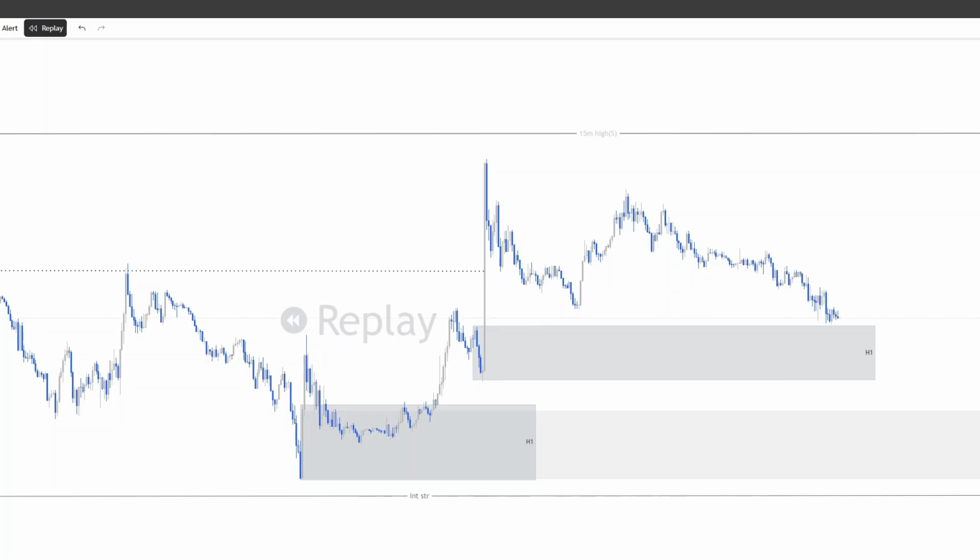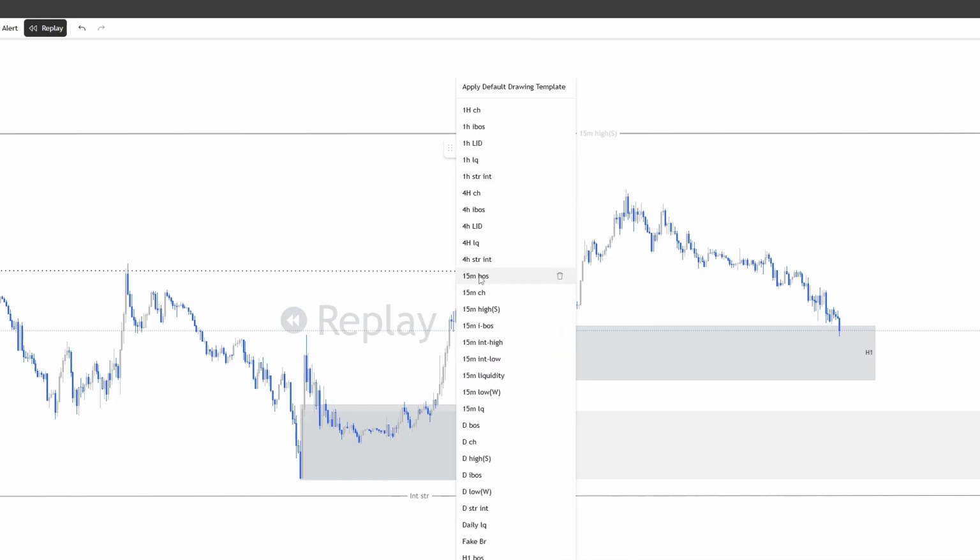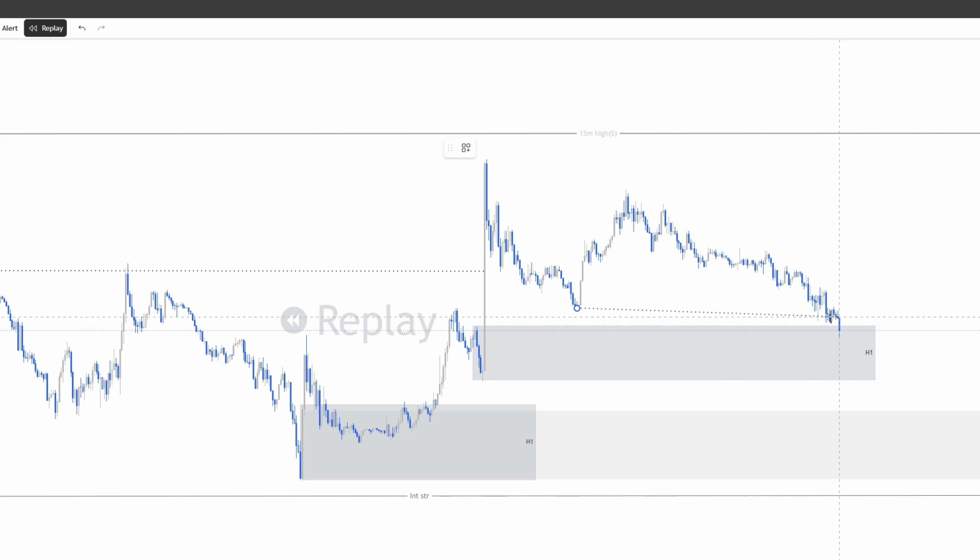Okay, but first you could see something. You see that we have a break of structure over here. On the 15 minutes, we have an internal break of structure over here. Okay, and then price breaks a structure here, and then finally we meet the demand zone.